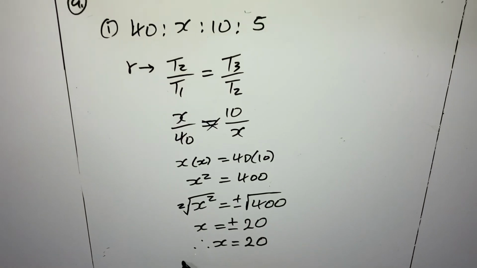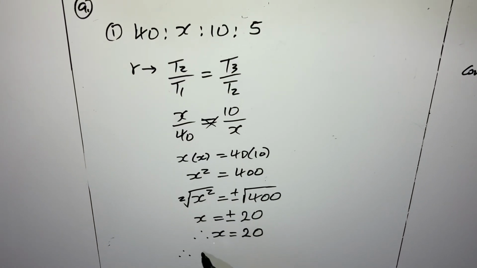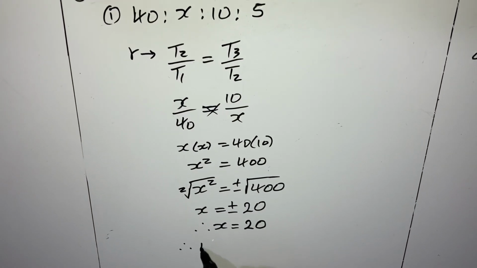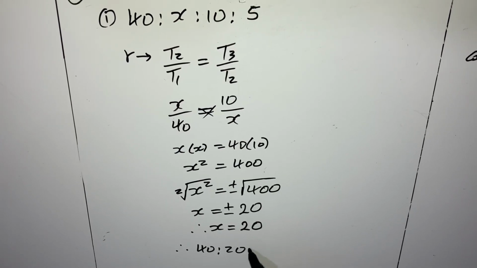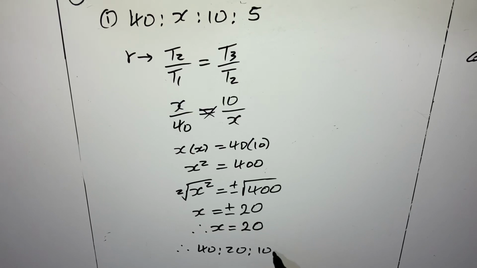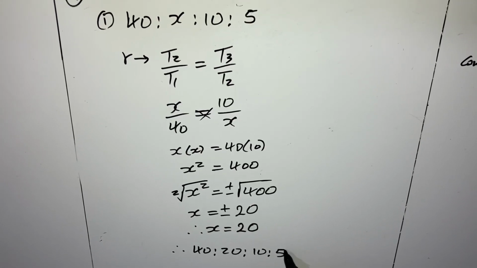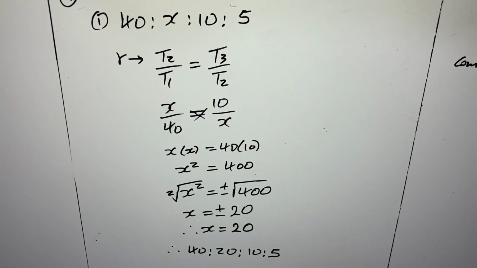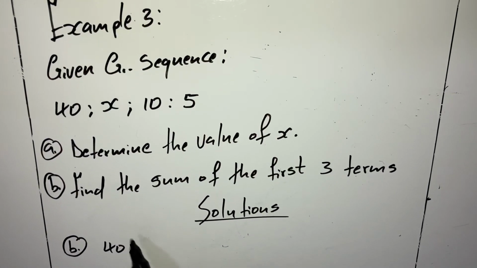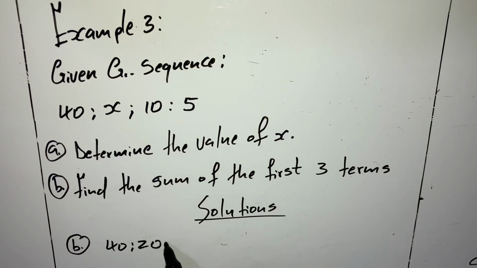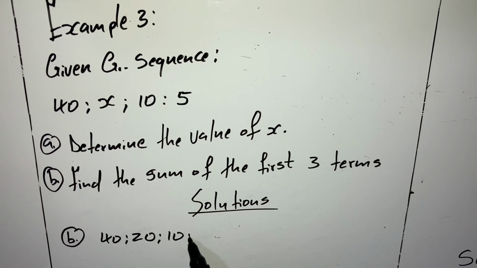Therefore, our sequence is 40, 20, 10, and 5. We found the value of x, we got 20, then it's 10 and 5.